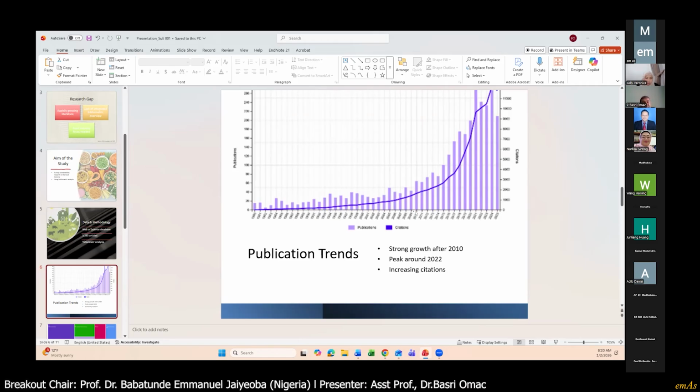Actually this is an expected result, because after the Sustainable Development Goals were published by the United Nations, the trends focused on this area, and we can observe this trend for the food industry also. The citation trend is also growing, and after the publication trends increased, the citation trends also increased as expected.